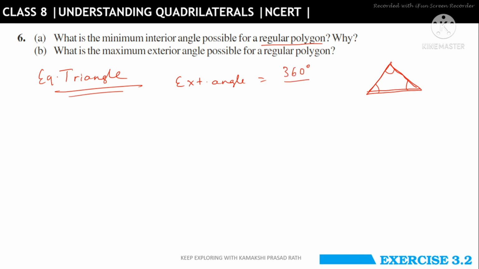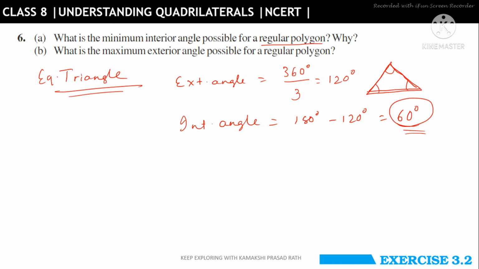Here it has 3 sides. So the exterior angle is 120 degrees. If the exterior angle is 120 degrees, the interior angle equals 180 degrees minus 120 degrees. We get 60 degrees. So 60 degrees is the minimum interior angle possible for a regular polygon. Less than 60 there will be no regular polygon.